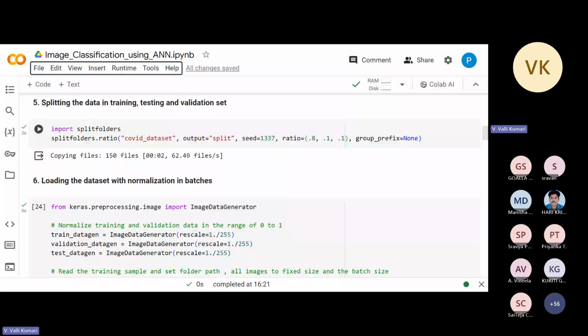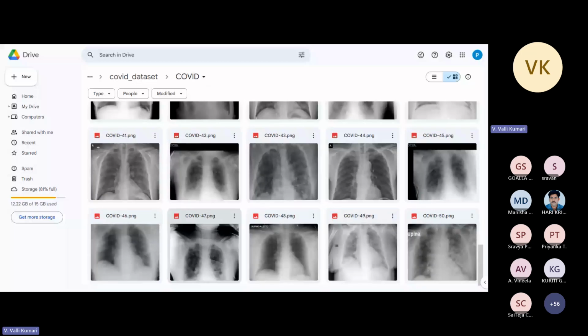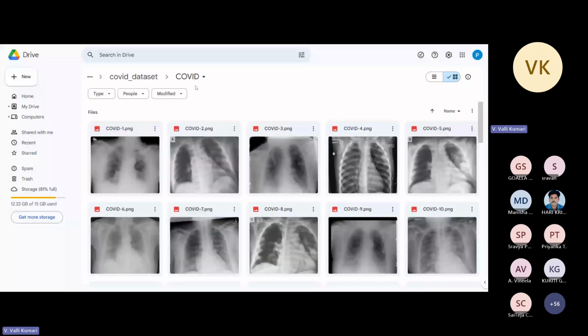And how is it like? The whole COVID data set, as you can see here, when I go to the COVID folder, these are the images that I have, which are labeled as COVID.